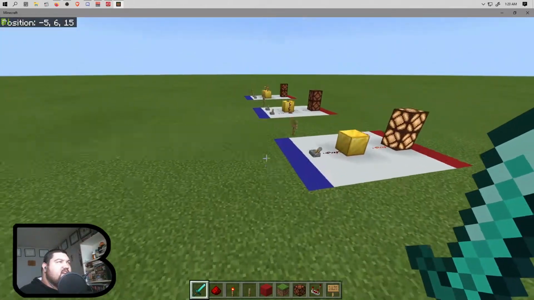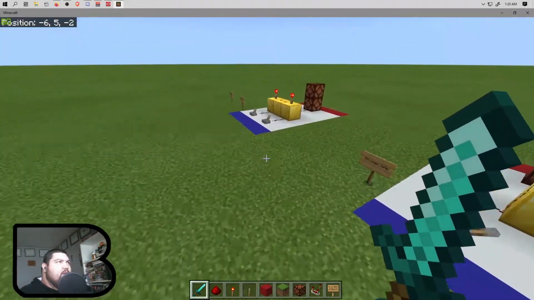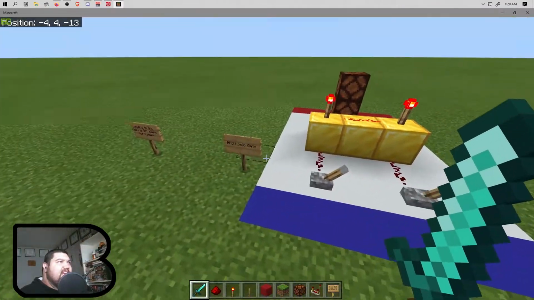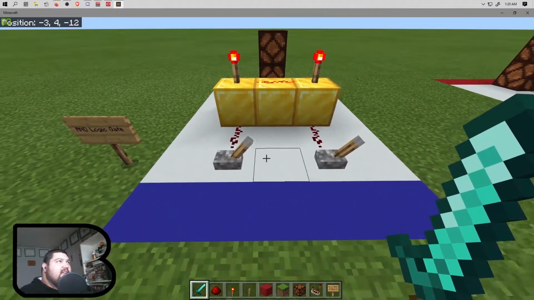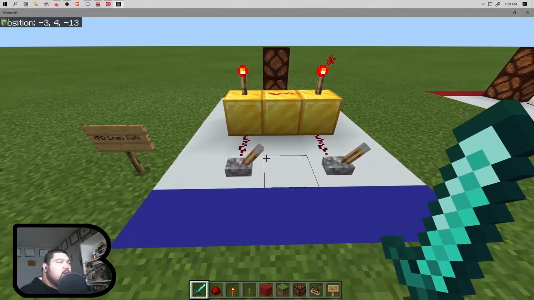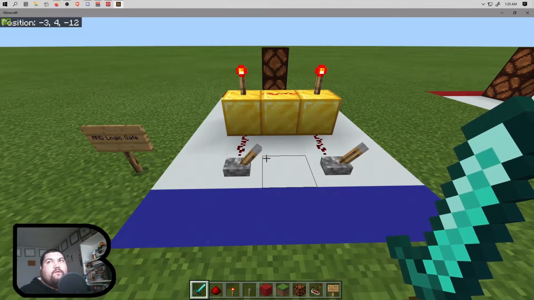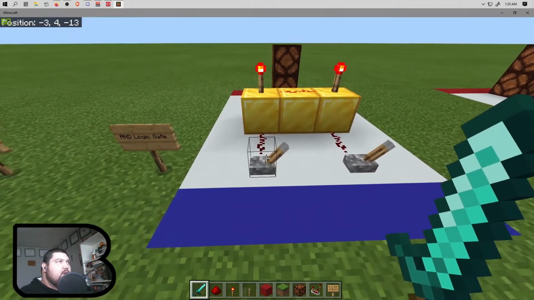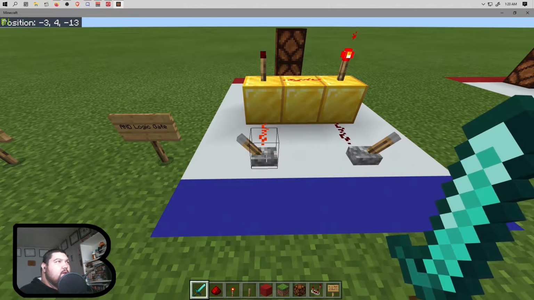So, just to kind of reiterate this, right? You have your inputs, your outputs. This is an AND gate, right? The AND gate has 4 states in this current situation.